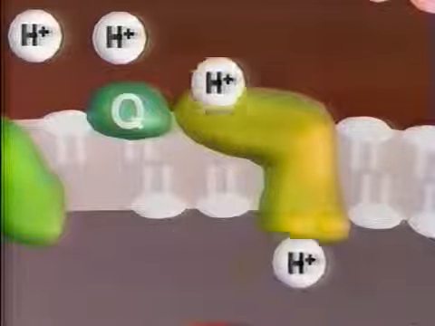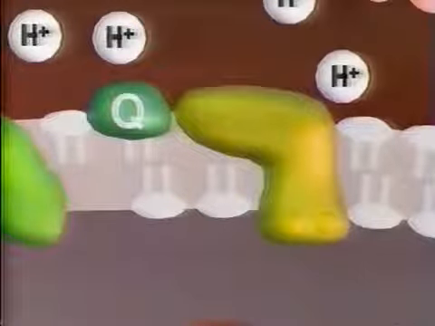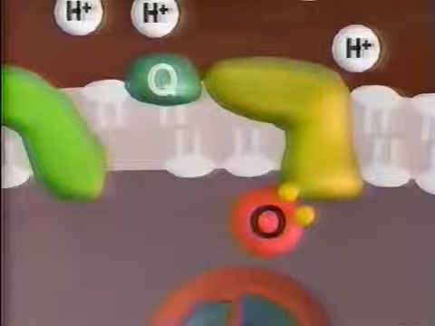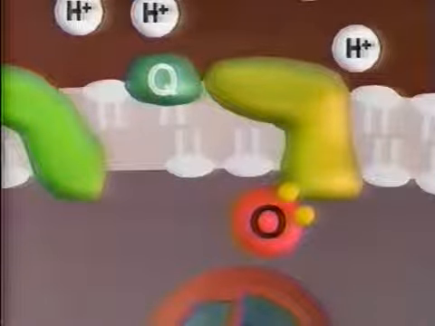At the end of the chain, 2 more hydrogen ions are moved across the membrane to the intermembrane space. Finally, an oxygen atom slides in and picks up the 2 electrons from the chain, and 2 hydrogen ions from the matrix to produce water.